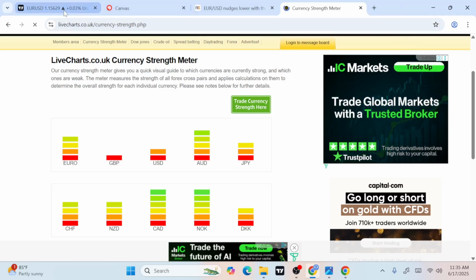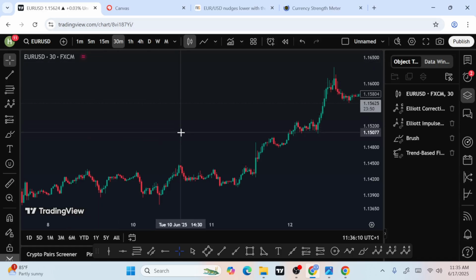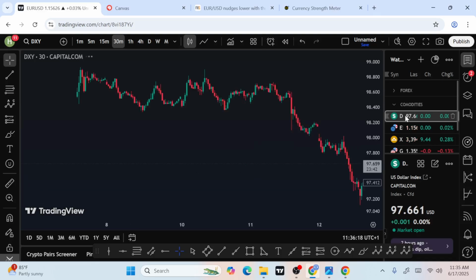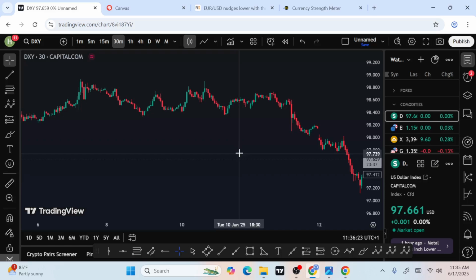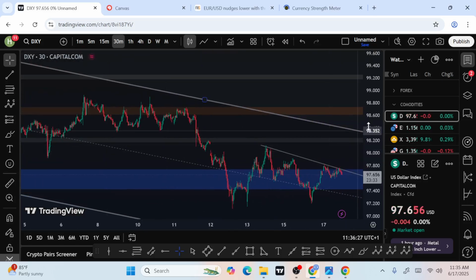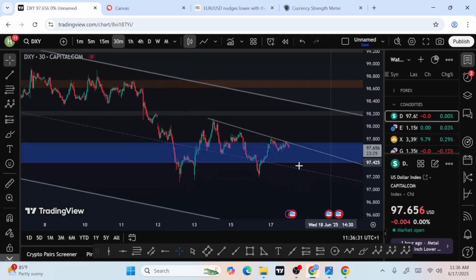Then I now go to my chart. That's when I'll now do my technical analysis, right? I trade USD, so you know that you are going to be looking at DXY. So I check my DXY.